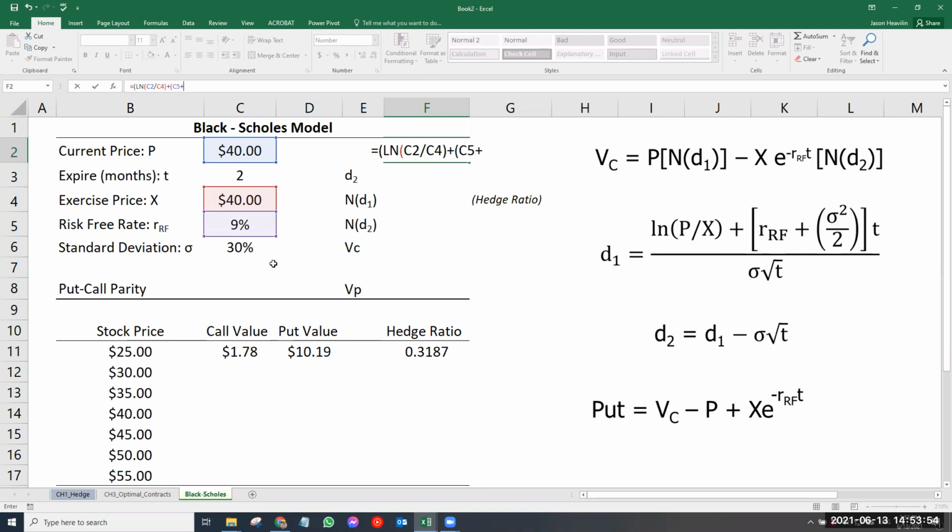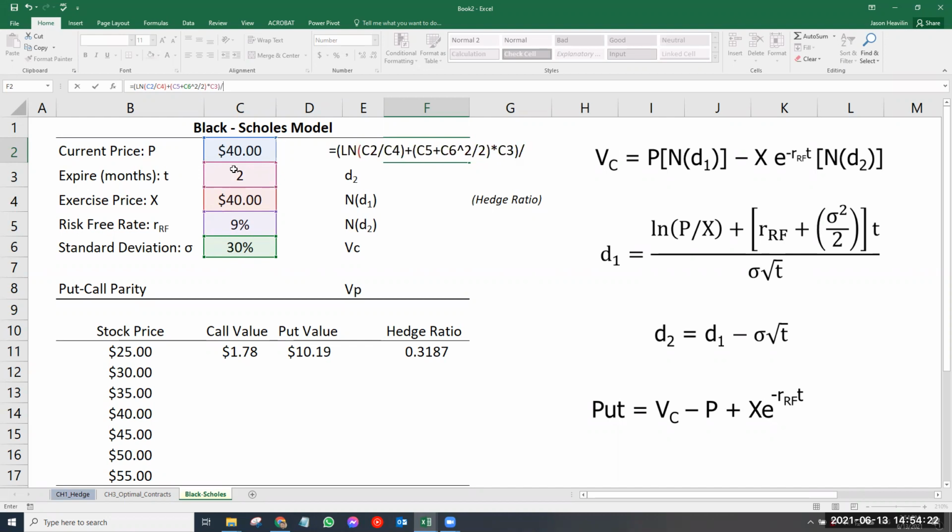We have the standard deviation, but we know that the standard deviation can be squared to get the variance. And then that can be divided by 2 as the formula dictates. We are going to close that piece and multiply it by the time. And then we're going to close that entire top portion. So that takes care of our top portion.